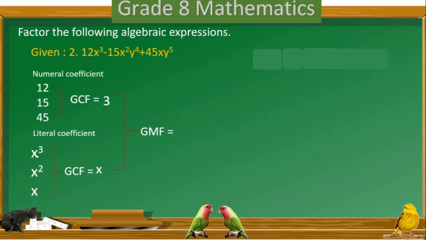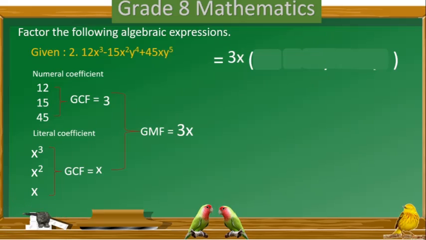Then our greatest common factor for that given expression is 3x, which becomes our divisor of the given expression to get the factored form.